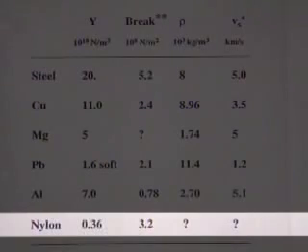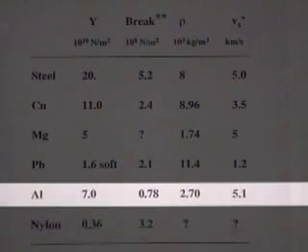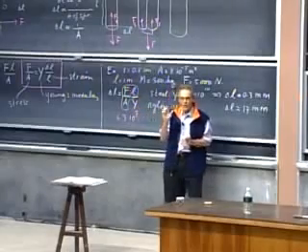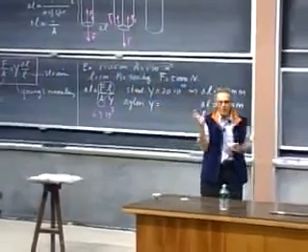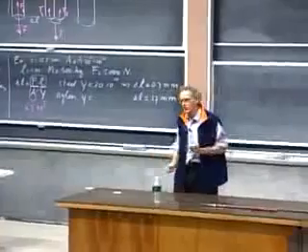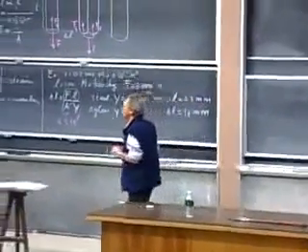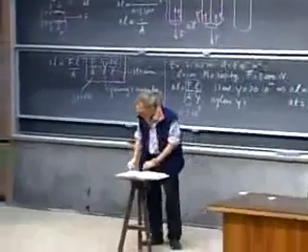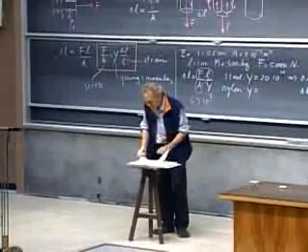Even nylon would be very safe, because that wouldn't break until the stress is 3 times 10 to the 8th. However, if we chose aluminum, if we made the bar out of aluminum, then you're very close to this number, 6.3 times 10 to the 7th. And so if you add a little bit more mass than 500 kilograms, your aluminum bar would break. So you see the properties of these metals are very, very different indeed.